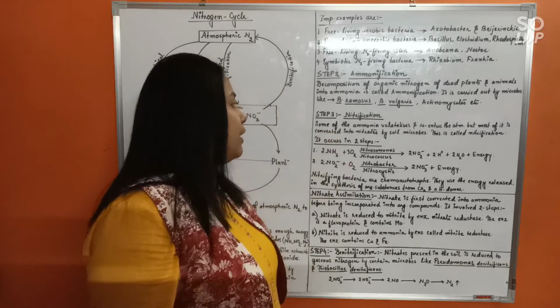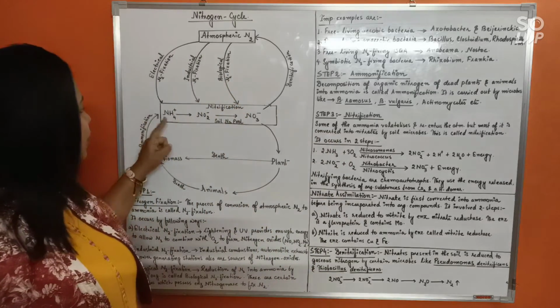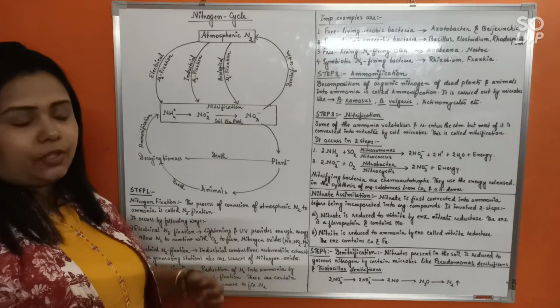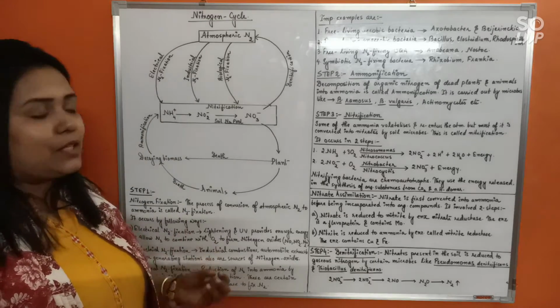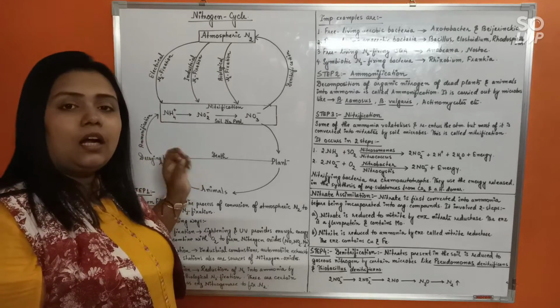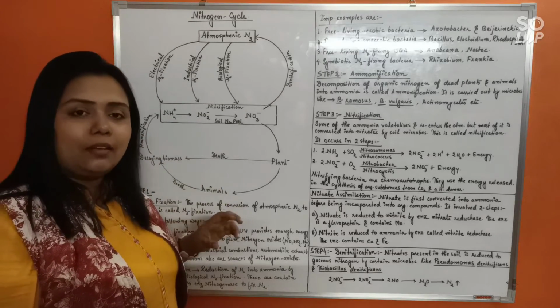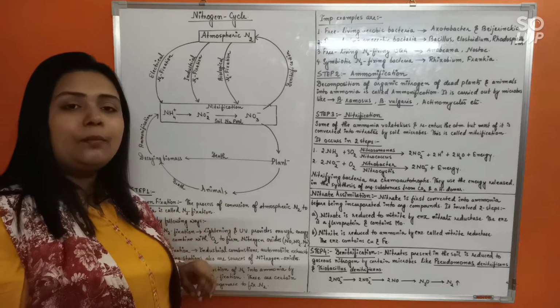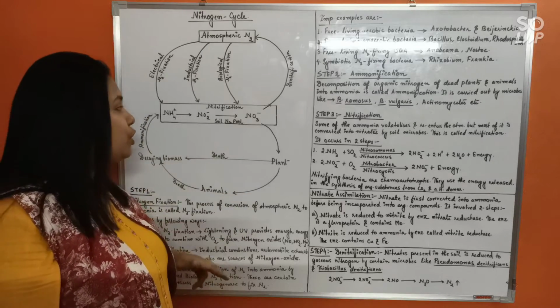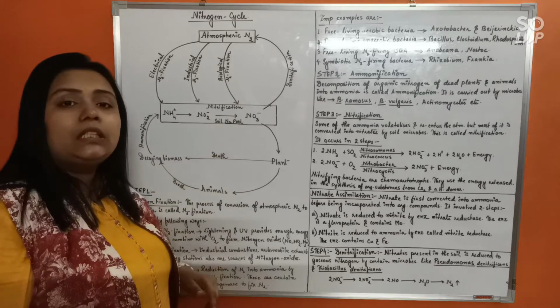Next, nitrification. So after ammonification, when ammonia is formed, the gaseous ammonia will be converted into the ammonium ion. It will be protonated to form ammonium ion. So this ammonium ion will be readily converted first into nitrite and then nitrate.